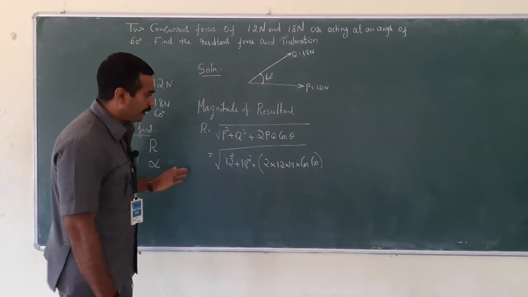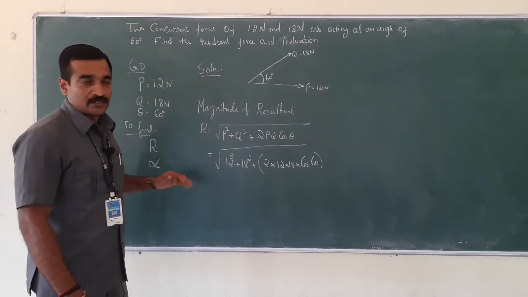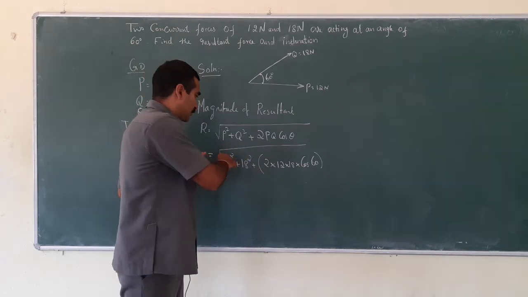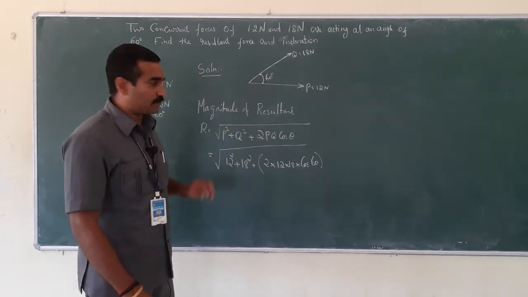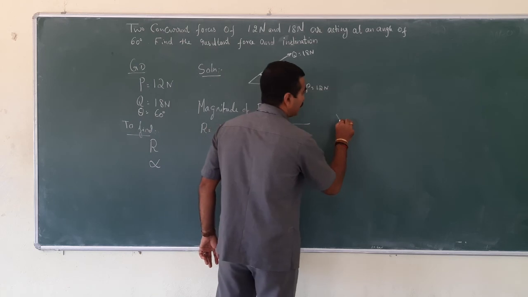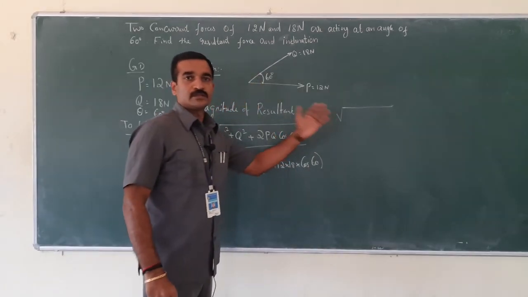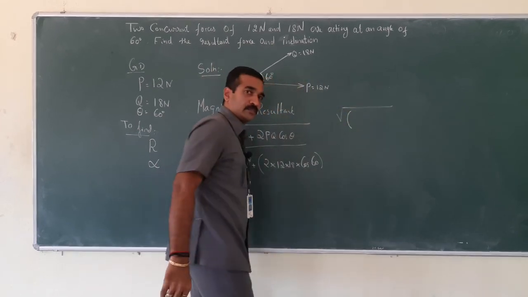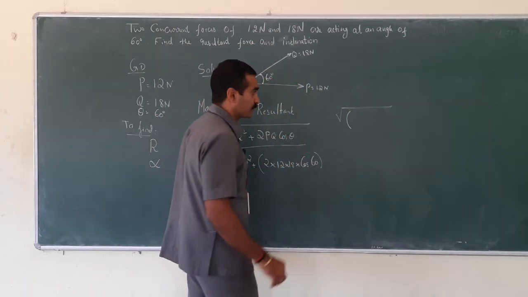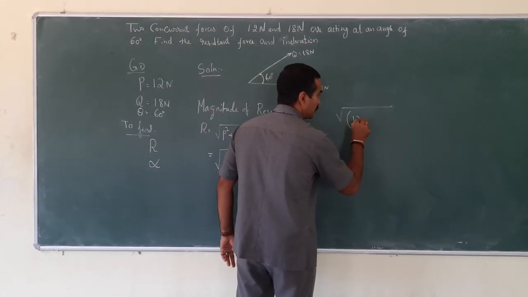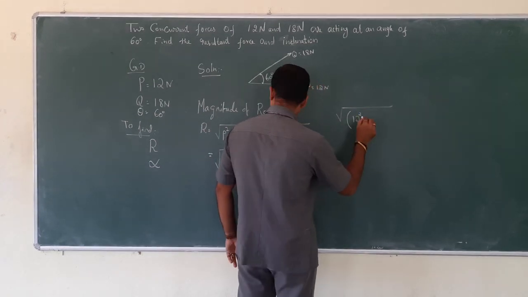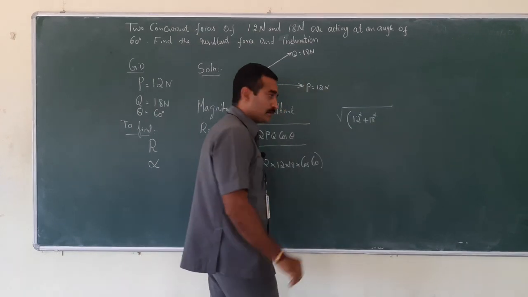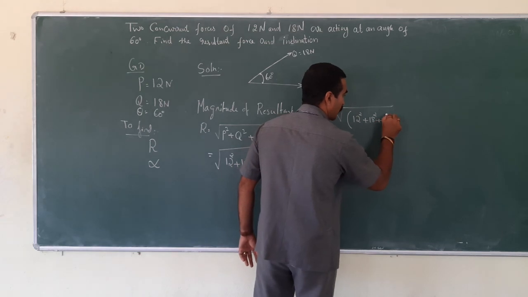Right. So let me tell you how you will have to use the calculator to arrive at this value. First, you will have to type the square root, then open the bracket. Now you start typing 12 square plus 18 square plus open a bracket.